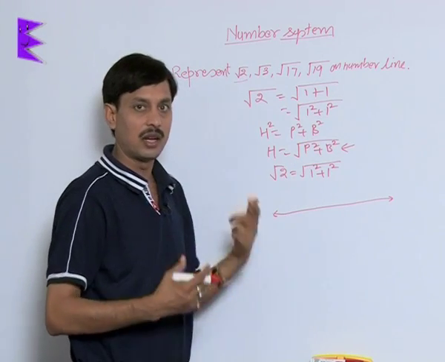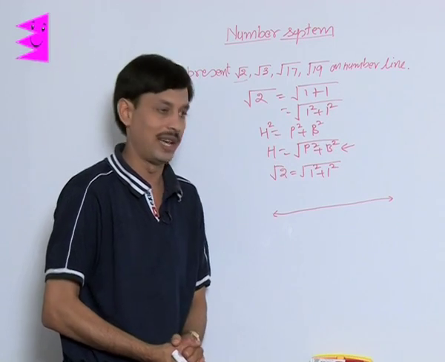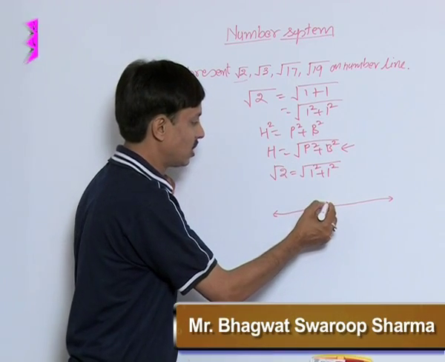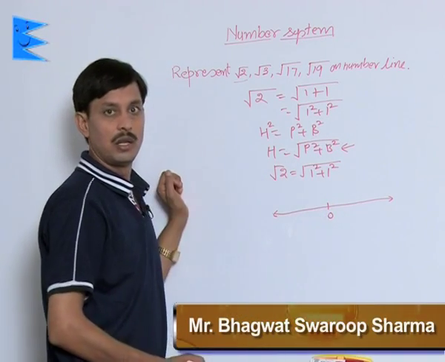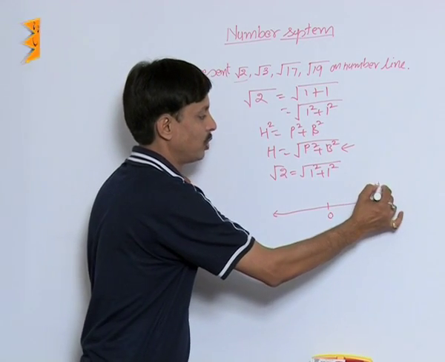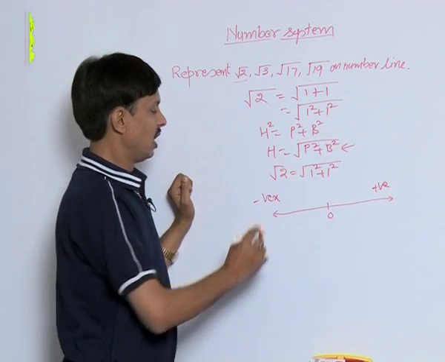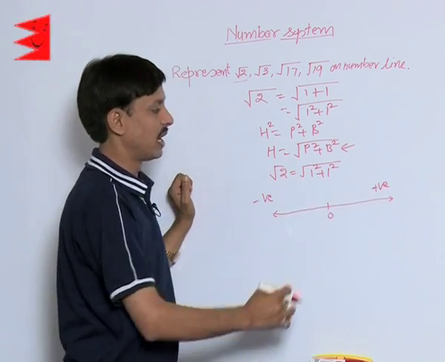A line is that line segment which is extended indefinitely in both directions. Here this is the center, Aryabhata's number 0. This is the positive side, this is the negative side.